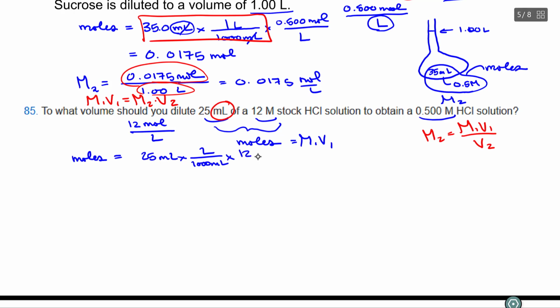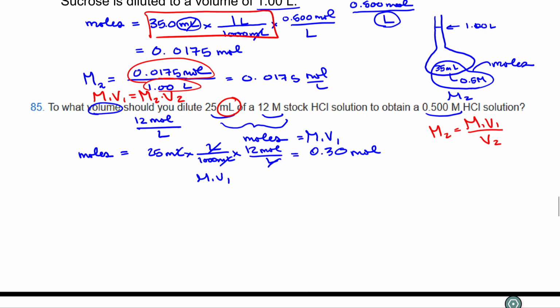So I'll say 12 moles per liter. My milliliters cancel, my liters cancel, I'll be left with moles. And that comes out to 0.30 moles, like that.